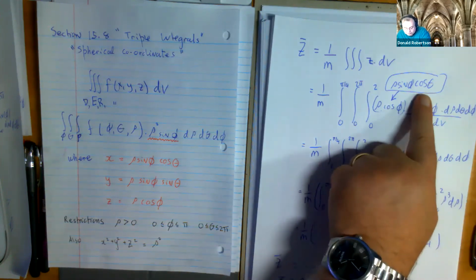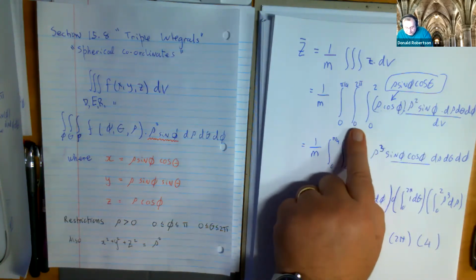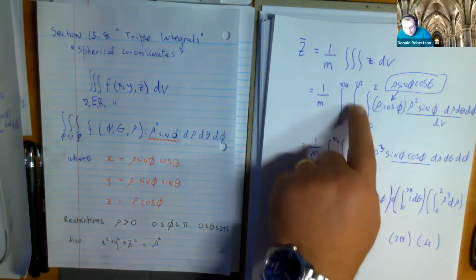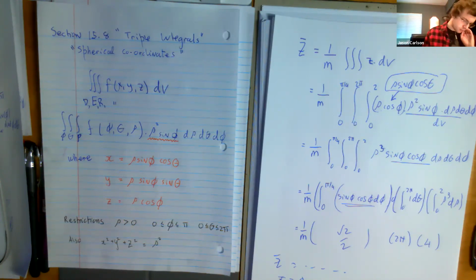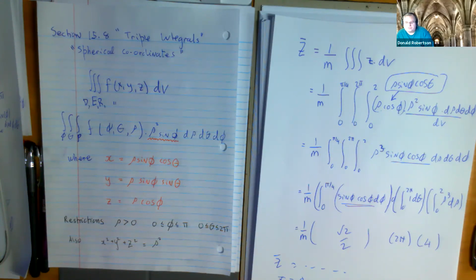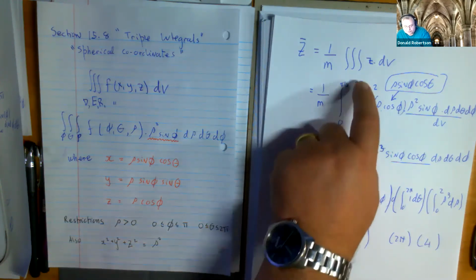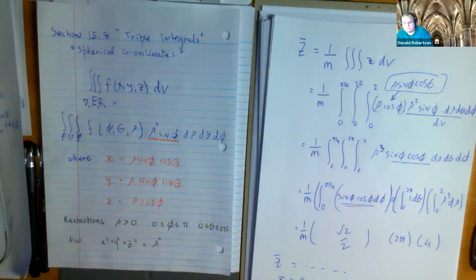Now, when you do a variable separable, won't you get a cosine theta between 0 and 2 pi? What's the antiderivative of cosine theta? Sine. All right. What happens if you find sine between 0 and 2 pi? What's the answer to that piece? 0.